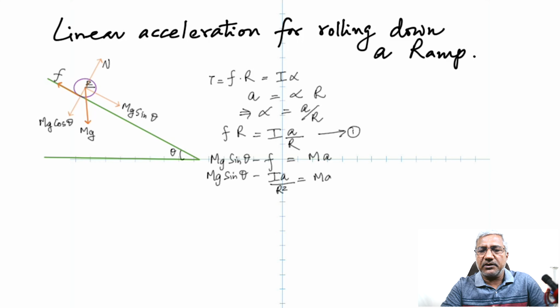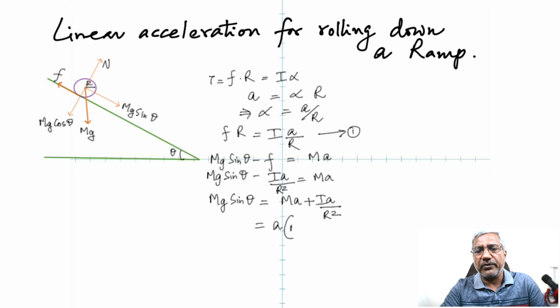So that's what you get when you manipulate that. And then you get mg sine theta is equal to m a plus, when you take the I a by R squared to the other side. And then we see that a is common between these two terms, so we can pull that out.